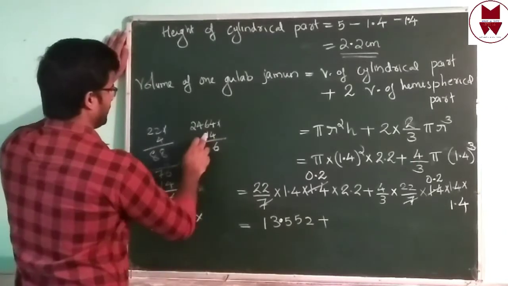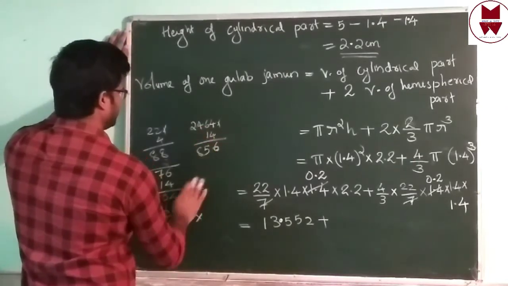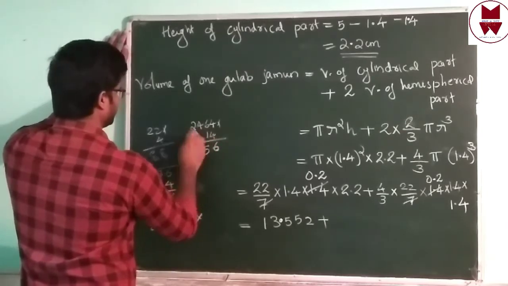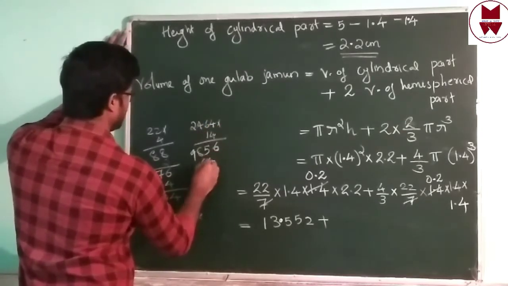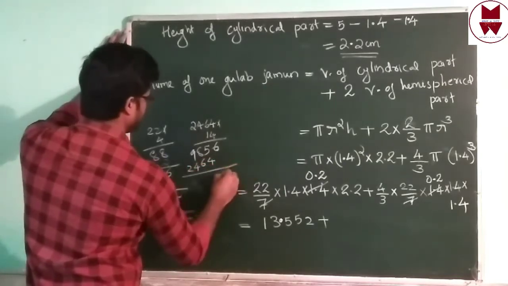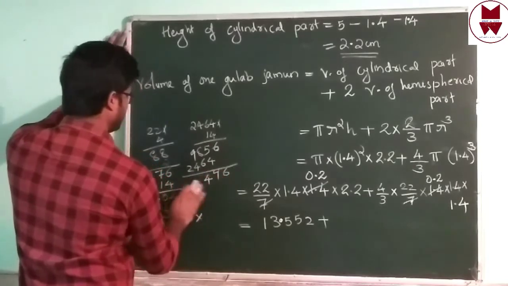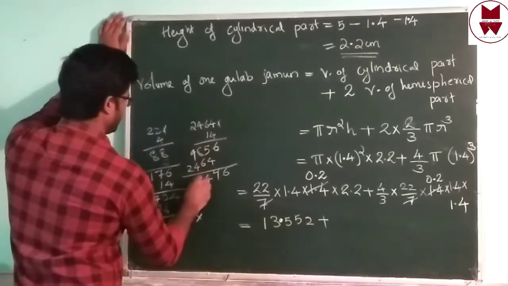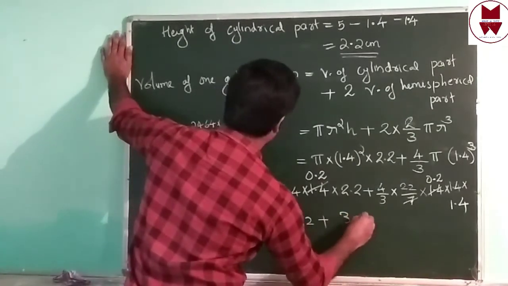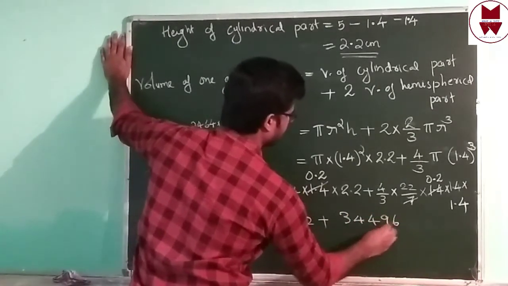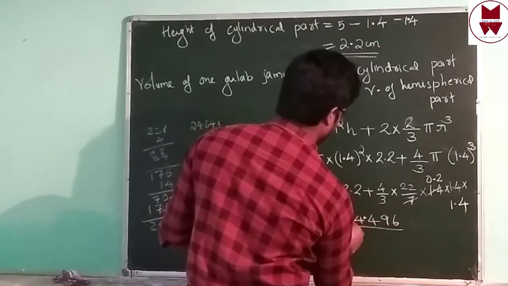You get 344.96, after the point 3 numbers here, then divide by 3.